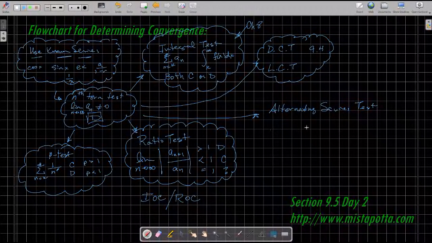And of course, the alternating series test was a three-point attack. First, it had to alternate. Second, the terms had to get smaller.